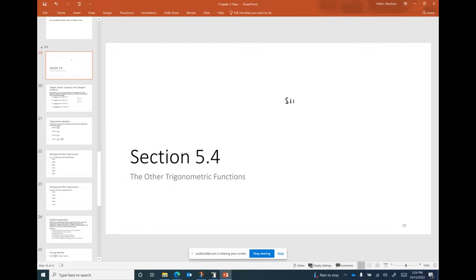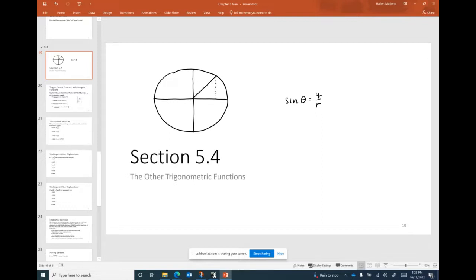The sine of some angle theta is equal to y over the radius when we consider a triangle inside a circle, where the hypotenuse of the triangle is the radius of that circle.